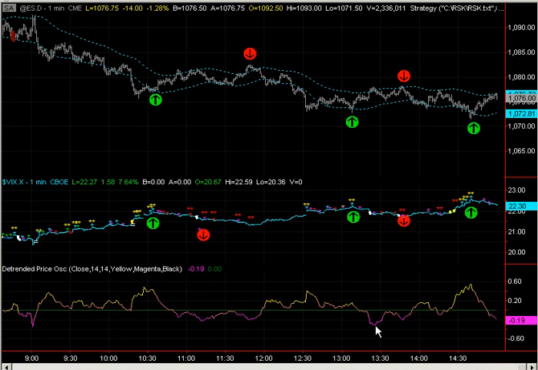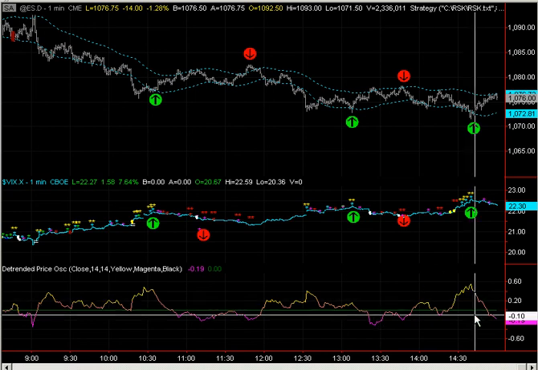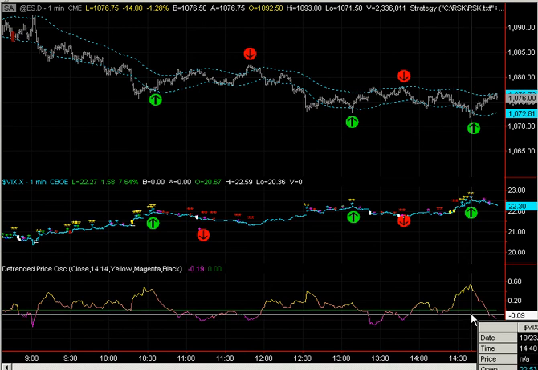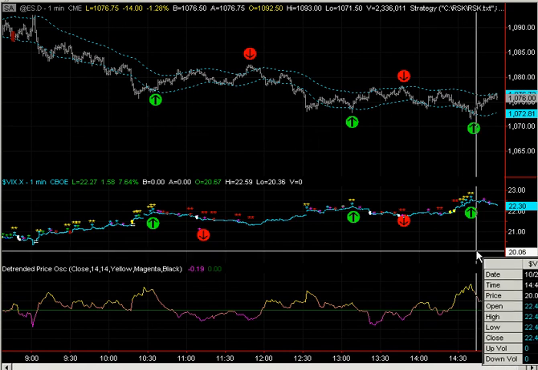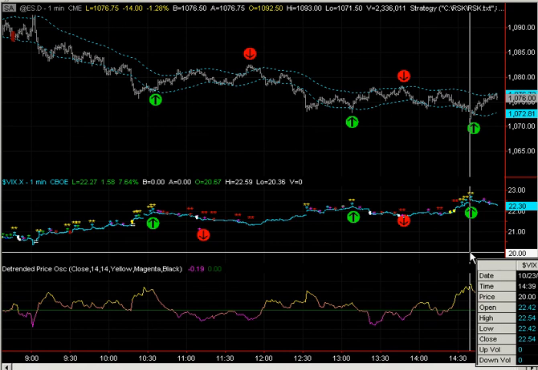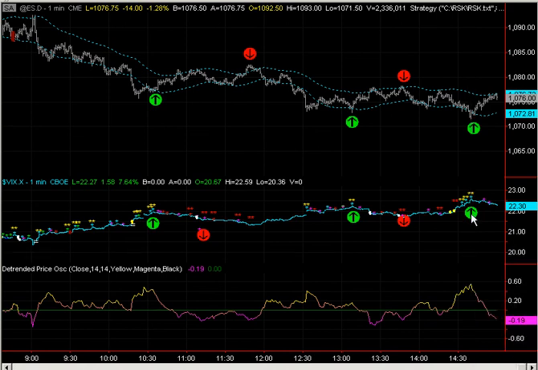Time to short. And then finally here, I've got to register the value of the DPO here. It's a little hard to see. But you've got another type 1 divergence going on right here.